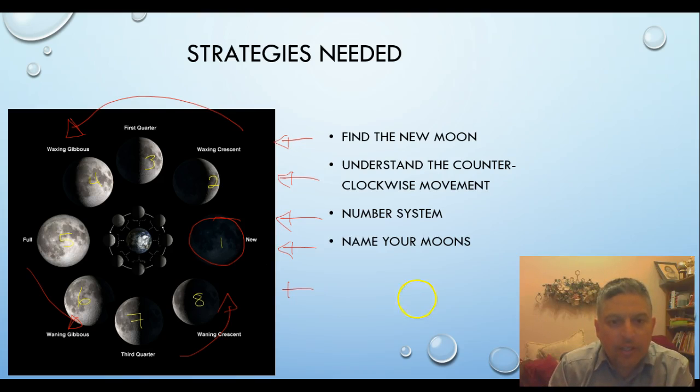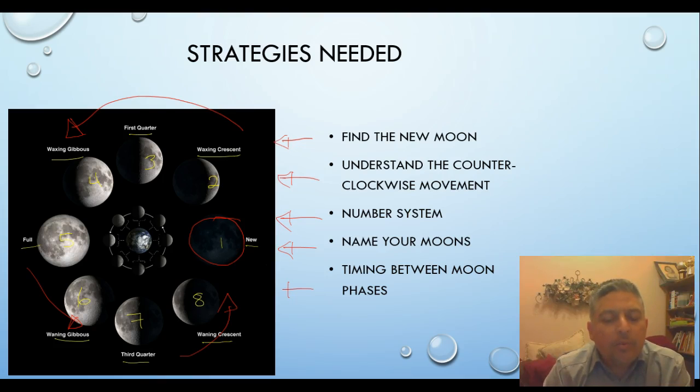Luckily for you, here we already have everything named, starting with the new moon, waxing crescent, first quarter, waxing gibbous, full moon, waning gibbous, third quarter, and then waning crescent.